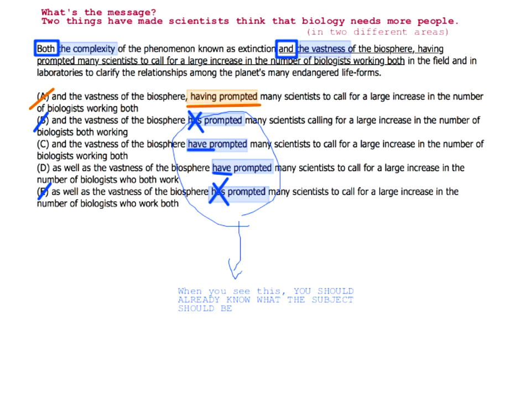But meaning, if you see this split and you have to go back and actually figure out that that's the subject, that means you didn't do a good job of reading for the meaning. You should already know, okay, I see this, and well, I know what prompted that. 2 things did. So I know that I need to have prompted.